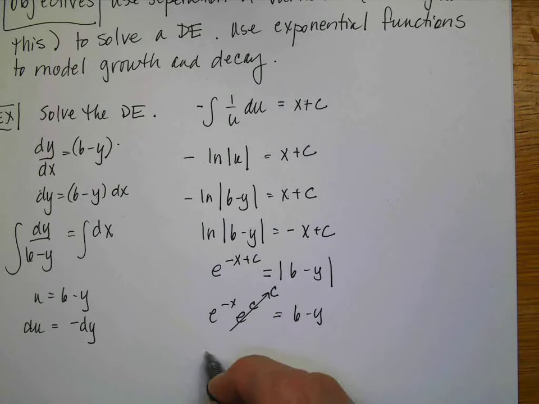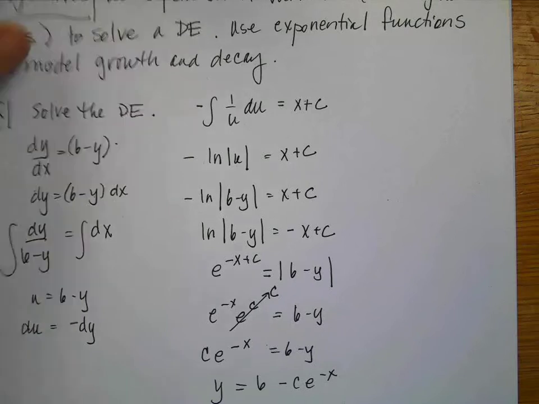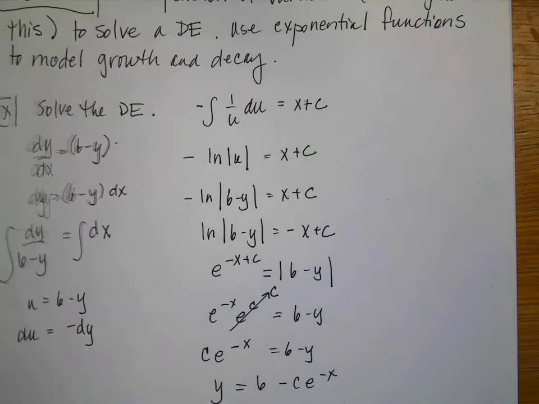So I'm going to get, on this side, c e to the negative x is 6 minus y, and when I solve for y, I get y is equal to 6 minus c e to the negative x. So that was a little bit entertaining. Okay, not too bad.